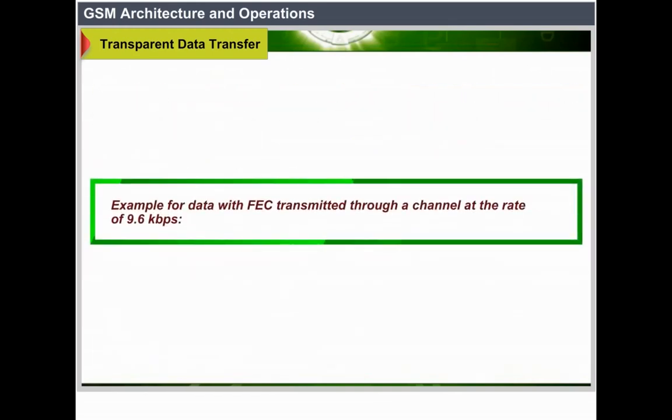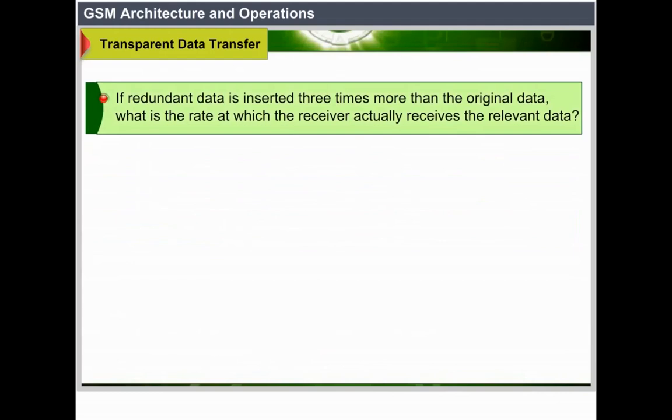Example: data with FEC is transmitted through a channel at the rate of 9.6 Kbps. If the redundant data inserted is 3 times more than the original data, what will be the rate at which the receiver actually receives the relevant data?